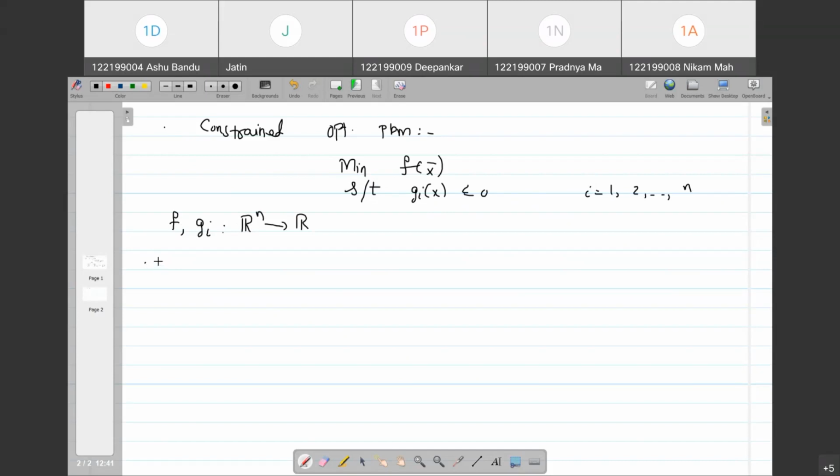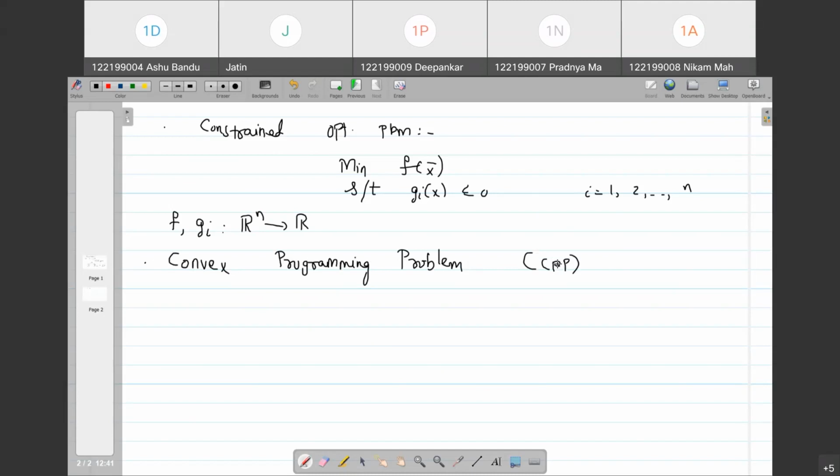Now again let's come back to the convex problem. As I told you earlier as well, when you have convexity, things are pretty good. So when do you say a problem is a convex programming problem, a CPP? The short form is CPP.